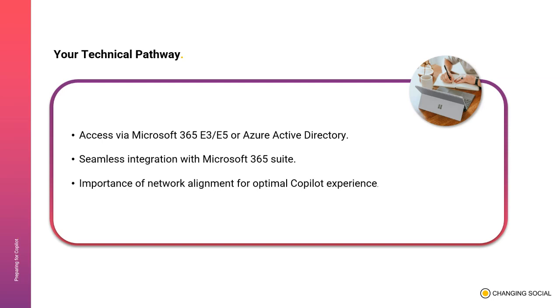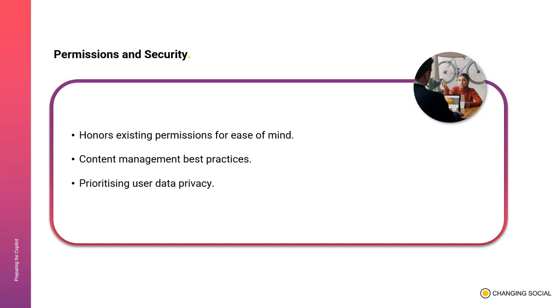The beauty of Copilot lies in its seamless fusion within the Microsoft 365 suite. However, for this journey to be truly smooth, it's imperative that your digital infrastructure is aligned. By making sure that your networks are in sync with Microsoft 365 principles, you can pave the way for Copilot to operate at its best, eliminating roadblocks and ensuring a smooth ride.